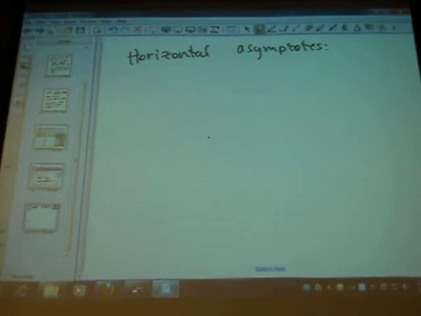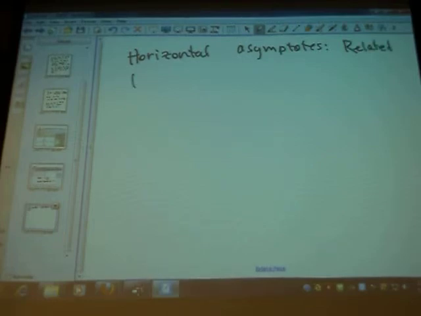Now you have to just know these rules. There's really no way to get around this. It's just rules you need to have written down in your notes that you can refer to. They're related to the degree of the numerator and the denominator.